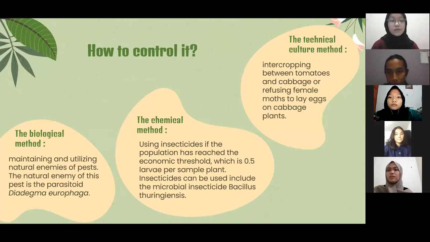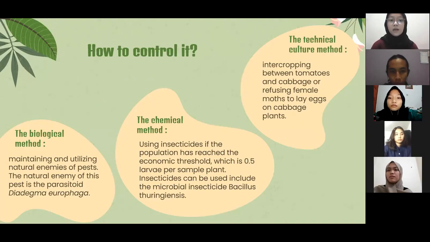And the way to control this pest is by doing the biological method, the chemical method, and also the technical culture method. The biological method can be done by maintaining and utilizing natural enemies of pests. The natural enemies of this pest are parasitoids such as Diadegma semiclausum.